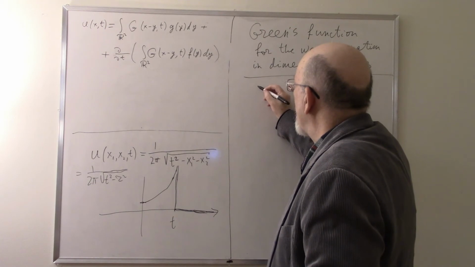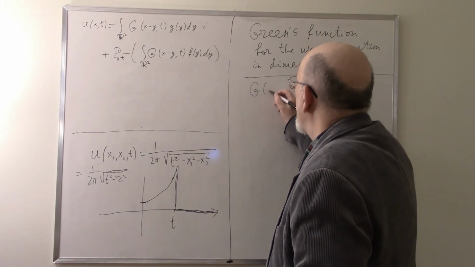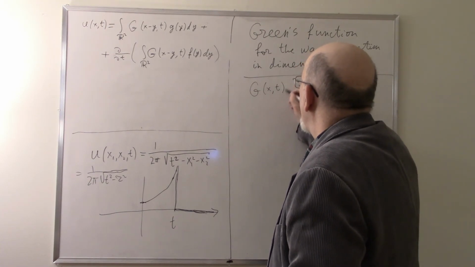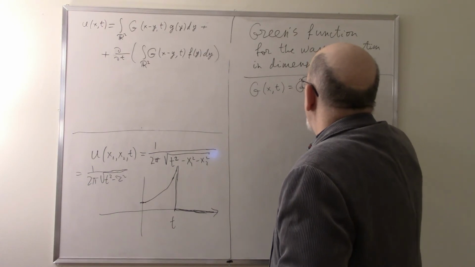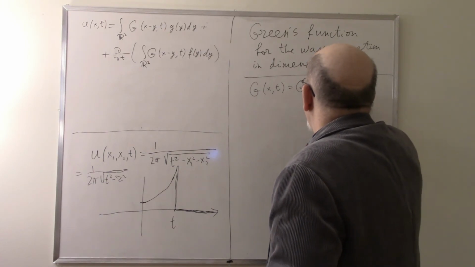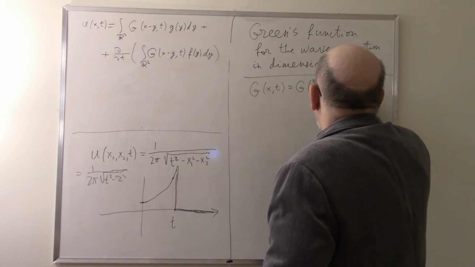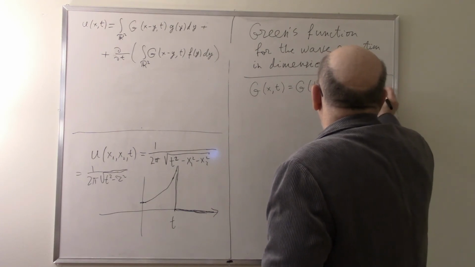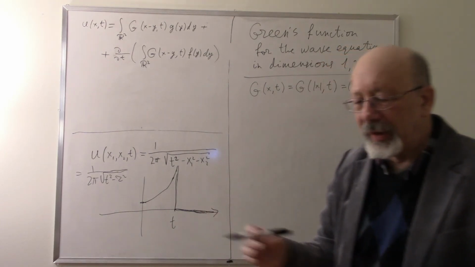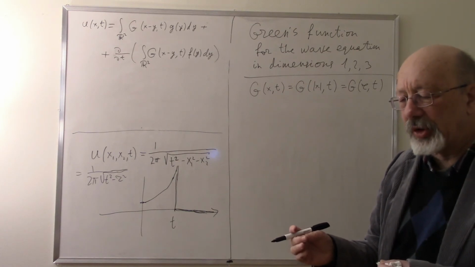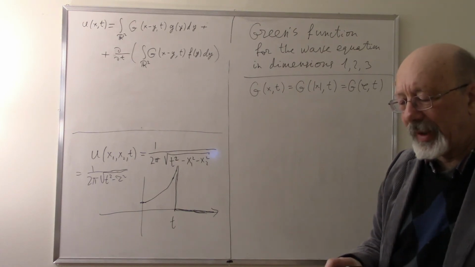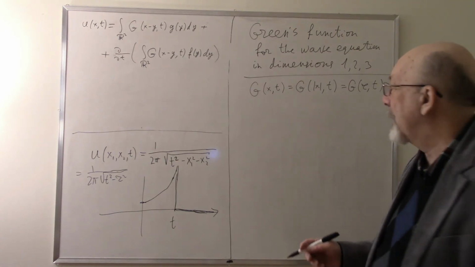We have a Green function g of x, t equals g of modulus x, t equals g of r, t. So it depends only on the distance from the origin in space and on time.